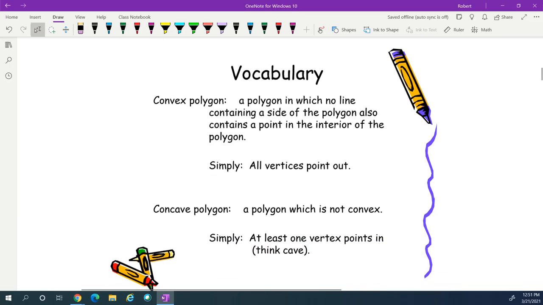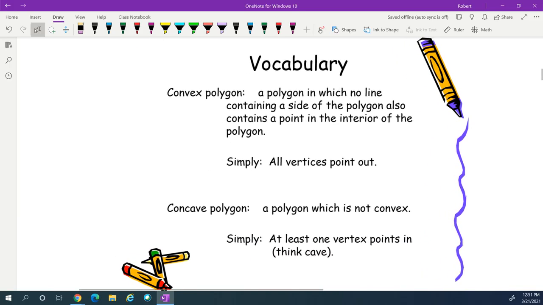We have some vocabulary, as usual, convex and concave. So a convex polygon, we can simplify that as all the vertices point out. If you think about each corner as an angle, the two sides come together to make a point. If it is pointing outward, it is convex.